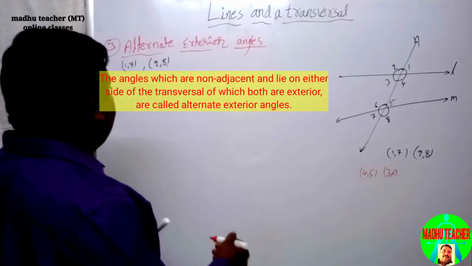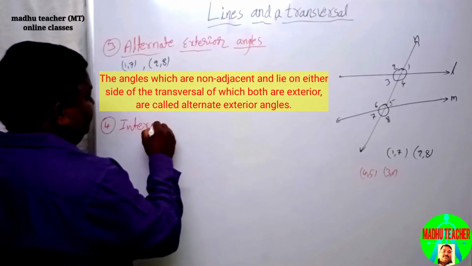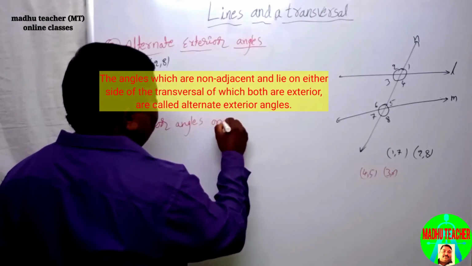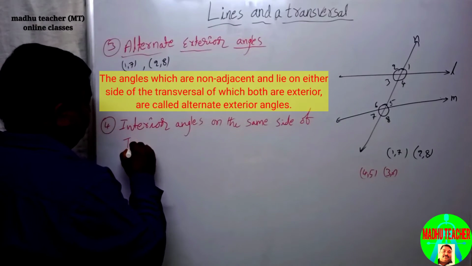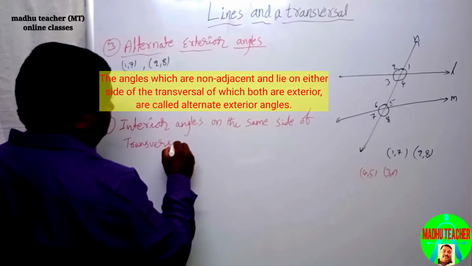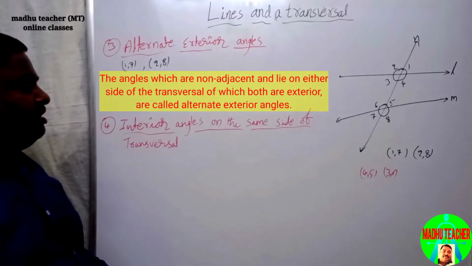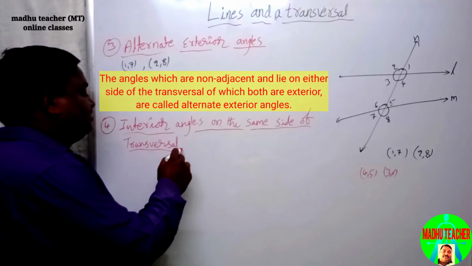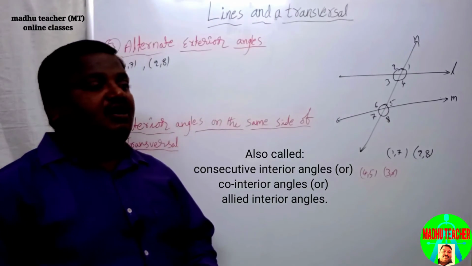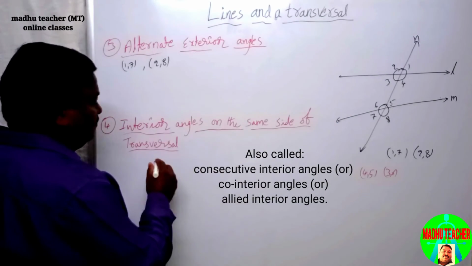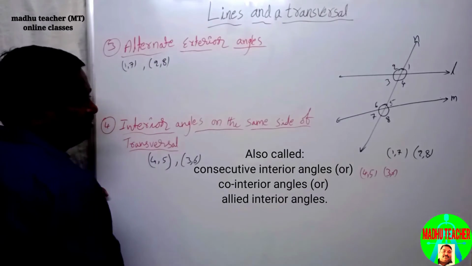These are called interior angles on the same side of the transversal. They are also called consecutive interior angles, co-interior angles or allied interior angles. So they are 4 comma 5 and 3 comma 6.